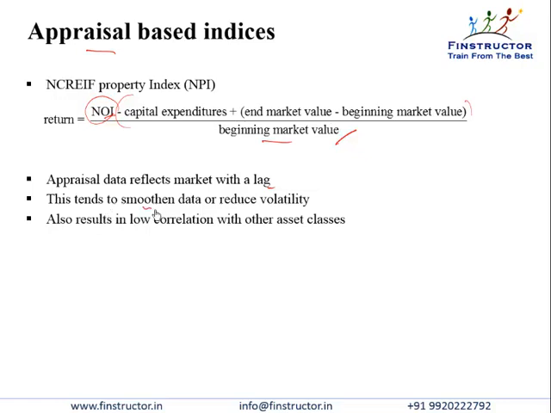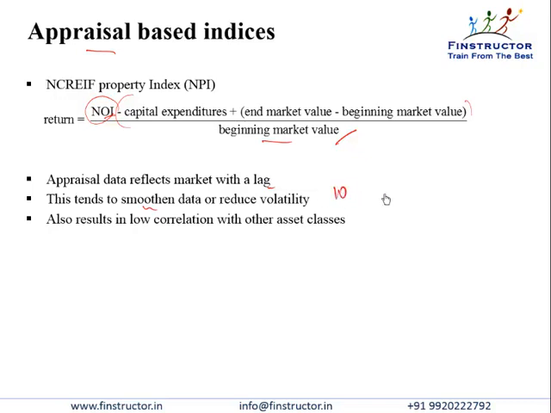It also tends to smoothen the data because value is not changing every moment or every day. So from quarter to quarter, if transactions haven't happened, the values won't fluctuate much, not because the value isn't changing, but because no transaction has happened to endorse that change in value. So volatility is understated.